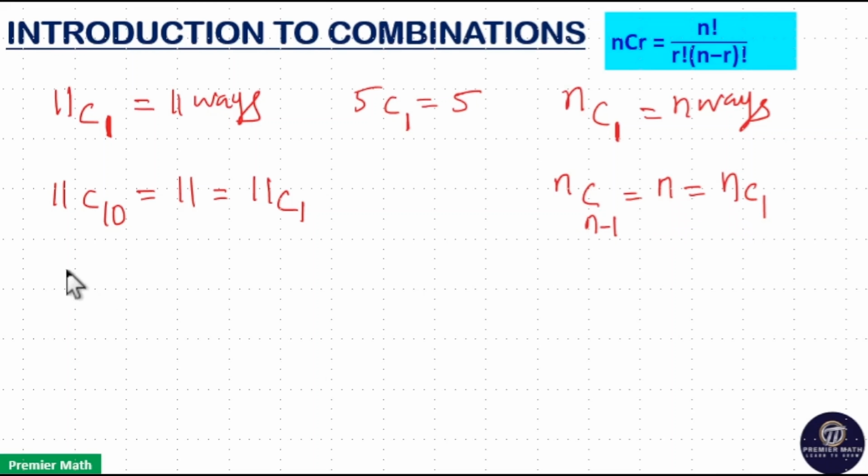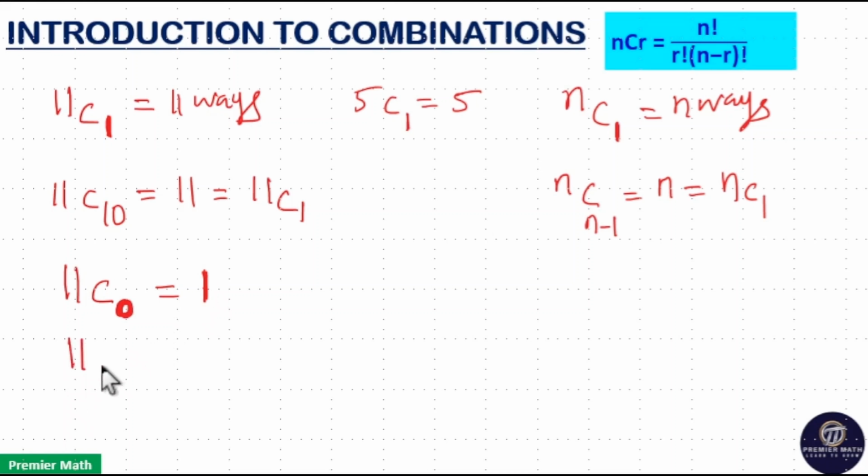Now, if you don't like any of these 11 mobiles, you are not choosing any of them. That is, the number of ways of selecting 0 is 1. There is a chance that you don't select any of these 11.